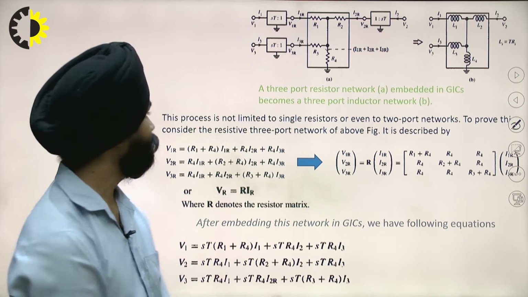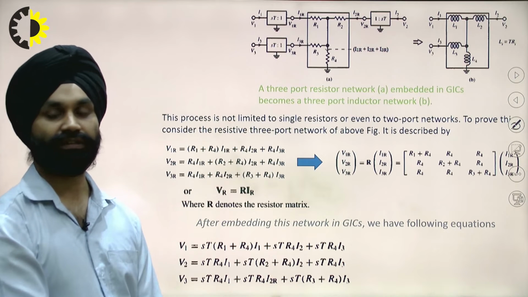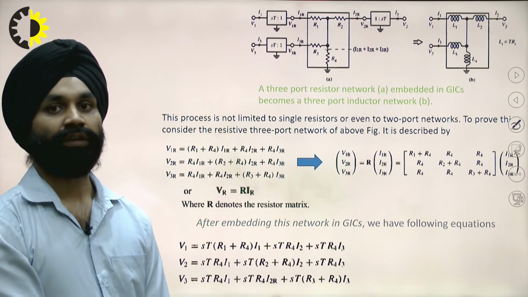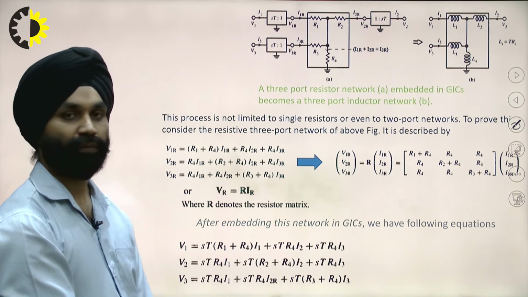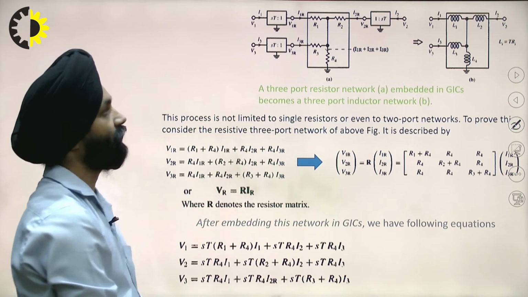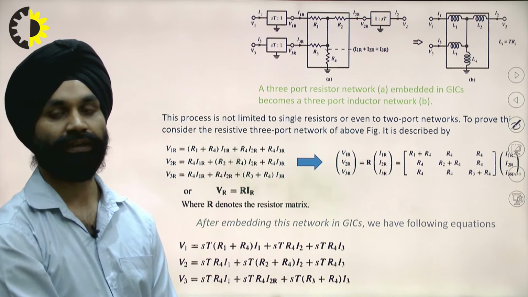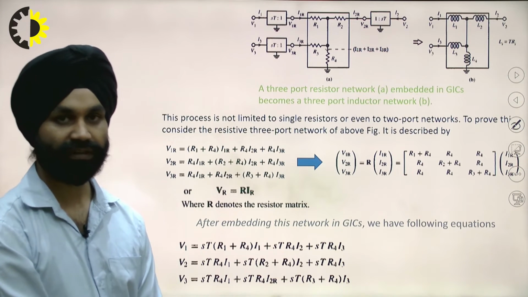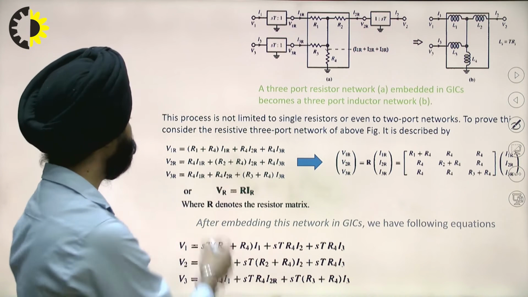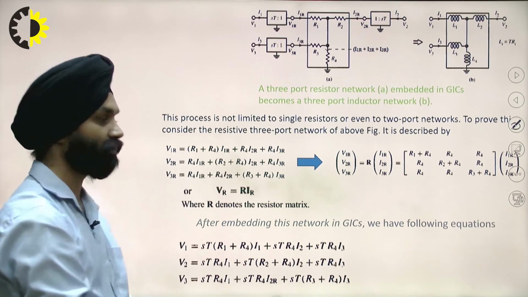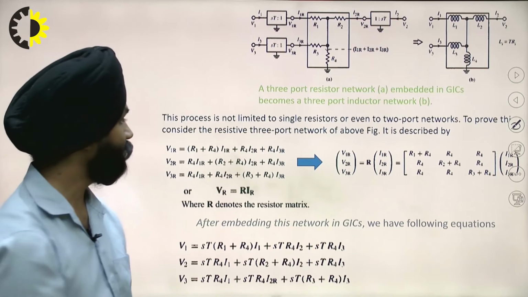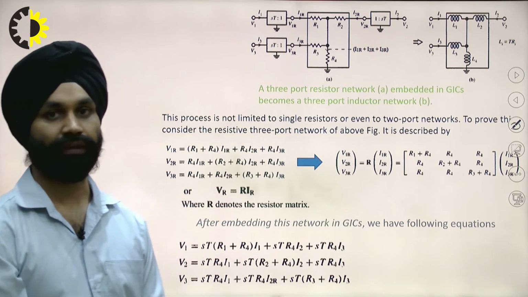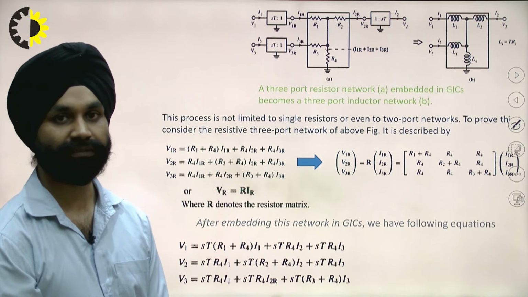So this process is not limited to a single resistor or even to the two-port network. So if we have, let's suppose, more than one port for this network, let's suppose there are 3 ports, 1, 2, 3, then we can have different voltage equations for these 3 ports, which are represented by these 1, 2, 3 equations. In the vector form, we can represent as voltages is equal to resistance into currents in that branch.